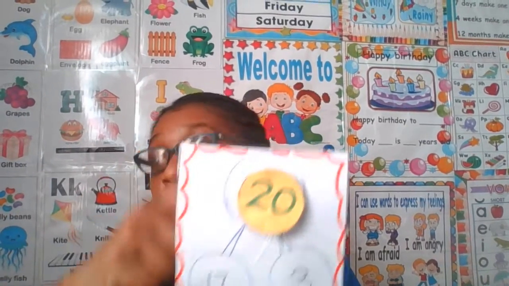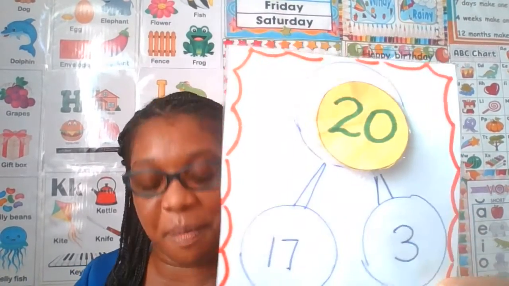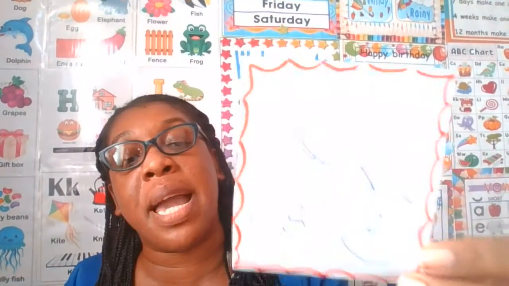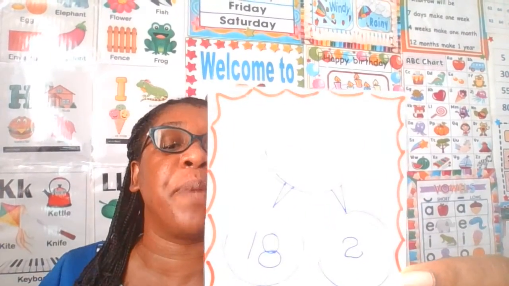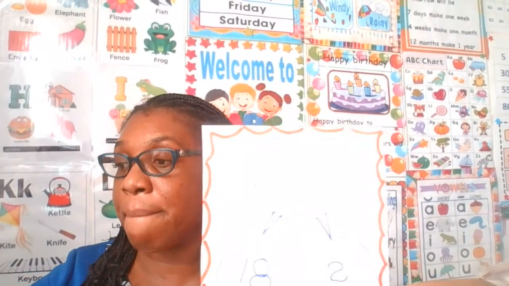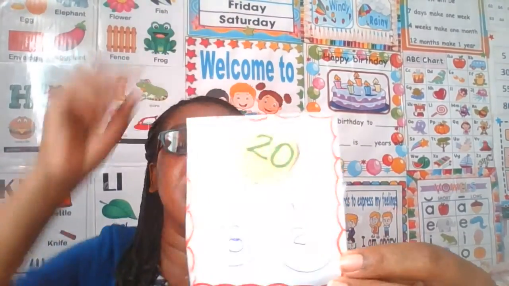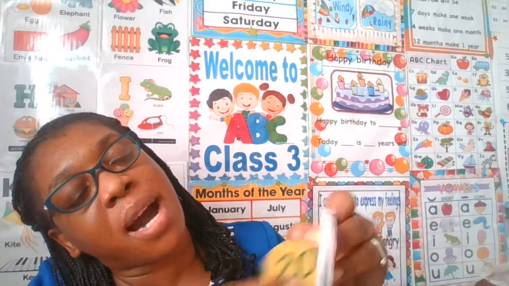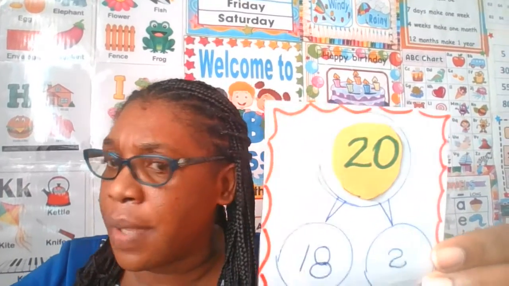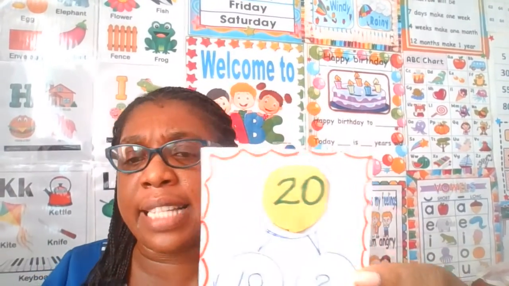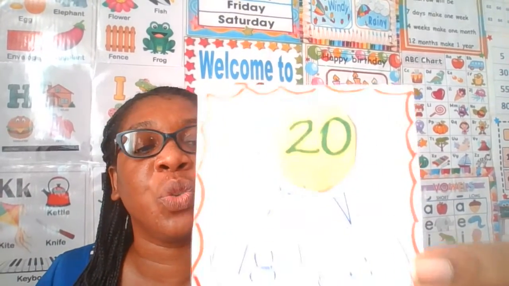I know my number bonds, that make 20. 18 plus 2 is equal to 20.